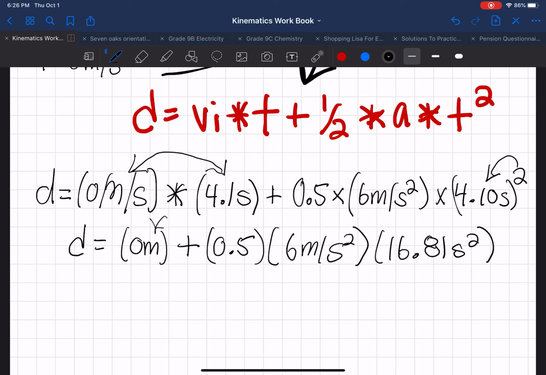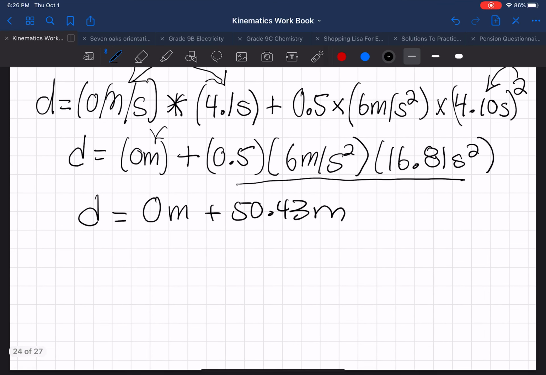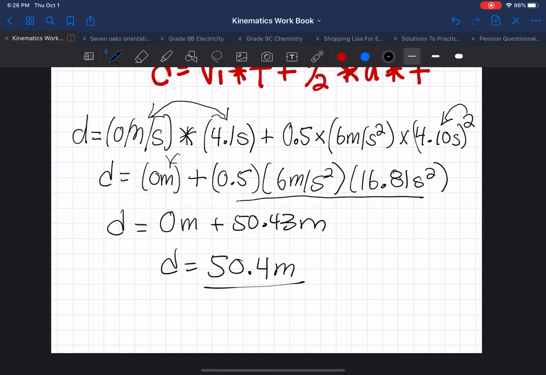Now we calculate this amount and add it to the 0: 0 meters plus 50.43 meters, so distance equals 50.4 meters. I just rounded down. So that's how you solve this equation here.